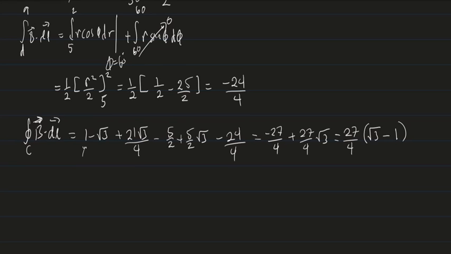Now all of this was for the left hand side. For the right hand side, I know that this should equal the surface integral of the curl of B dot ds.